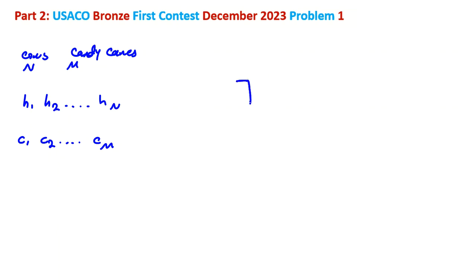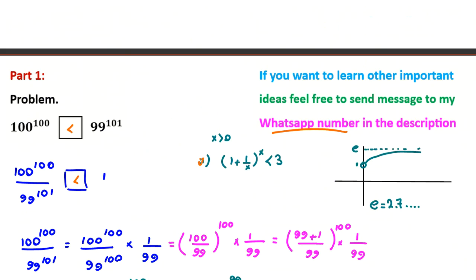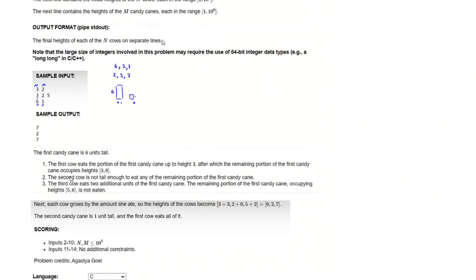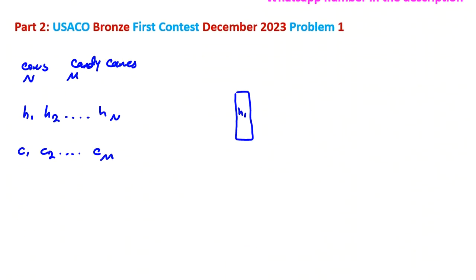If the first one, for example h1, like our example here, when this one was 1 and this one was 6, for the second time when the first one was 6 and the candy cane was 1, the first cow is all of this candy cane, the whole amount. So we don't have anything and we don't need to continue. So we can consider something.